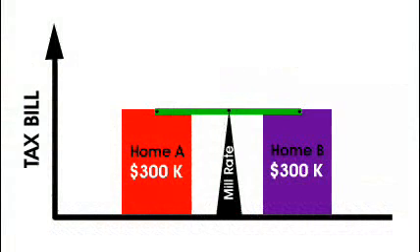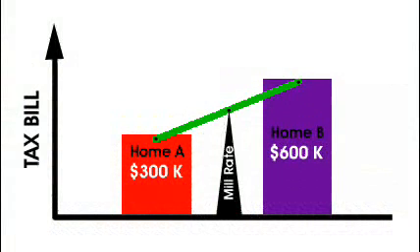Well, now the guy who owns the house that's $300,000 in value, his property tax bill is going to go down from the year before, when the other guy had a house the same value as his own. His property value is the same, but his tax bill is going to go down because his next door neighbor had a house that went from $300,000 up to $600,000.